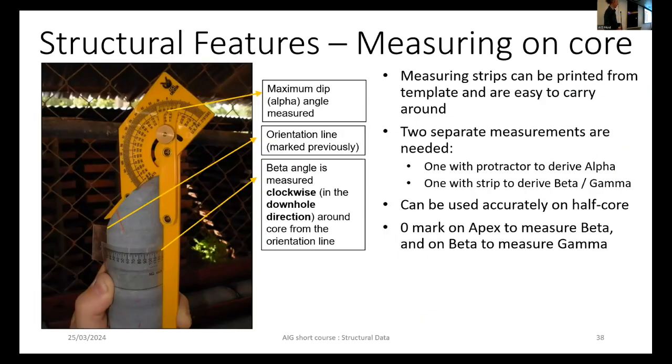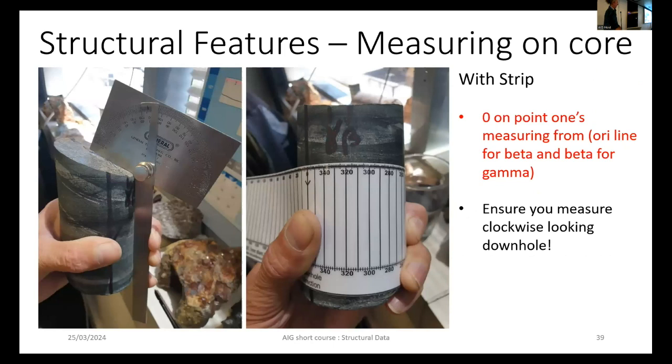So you can keep a tab of what's going on if you haven't got an Excel spreadsheet for it. That's an example of an alpha measurement with a protractor in yellow. I don't know where I stole that picture from. And that's, again, an alpha measurement with another protractor, and then you use those strips. The strips have a diameter exactly the same as the core you should be working on. There are all sorts of different designations for core: NQ, NQ2, NQ3, also HQ, HQ2, HQ3, and some other variants.